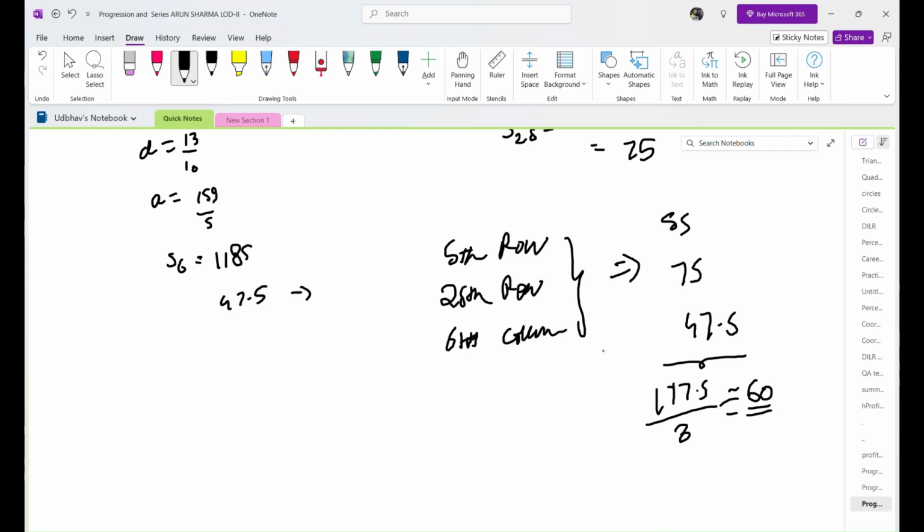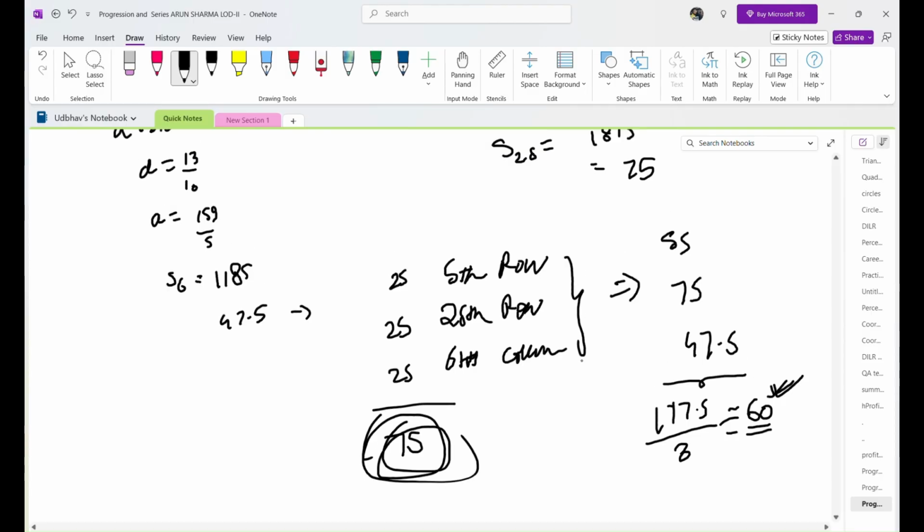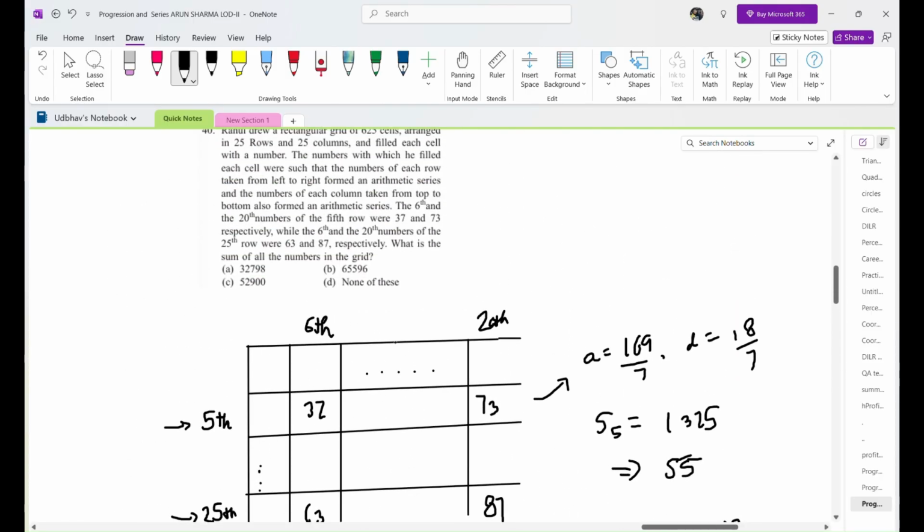So after getting the average of 75 numbers, 25 numbers here, 25 numbers here, 25 numbers here, we are getting that the value of each number in each cell is about 60. It's around 60ish. So now we have the sum of all the 625 numbers.